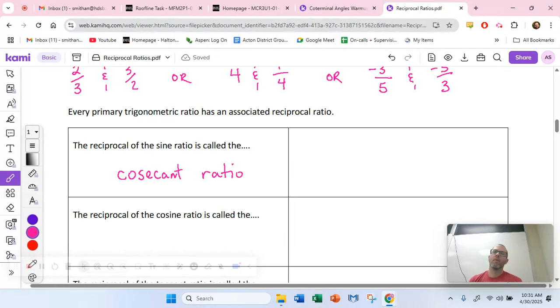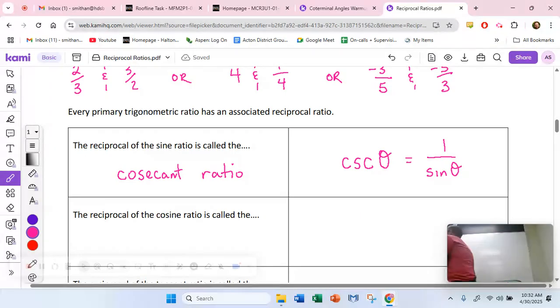Cosecant, just like that. It's the reciprocal of the sine ratio. It's the flip of the sine ratio. The symbol we use, some new tech for you guys: the cosecant of an angle theta is 1 over the sine of theta. You just flip it.